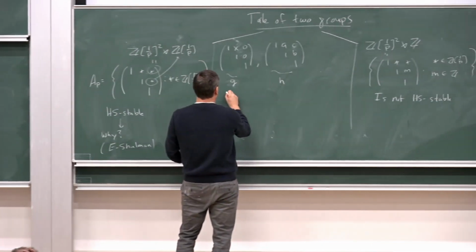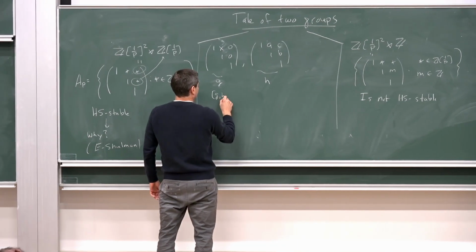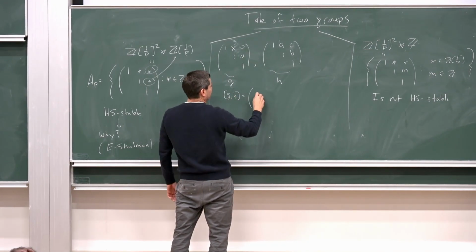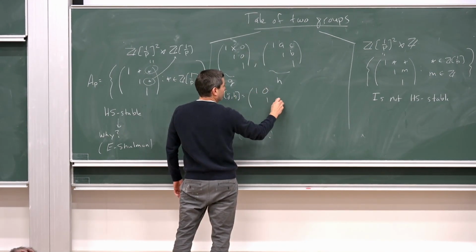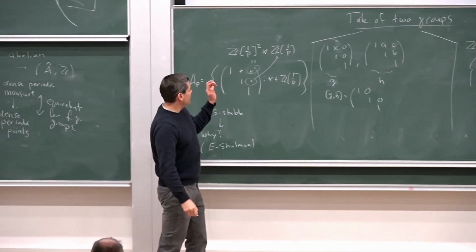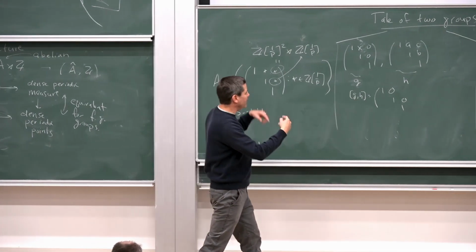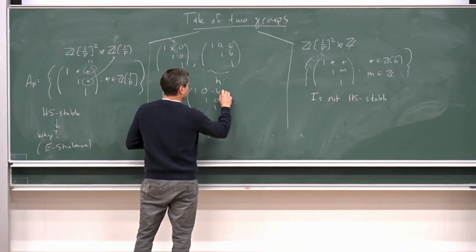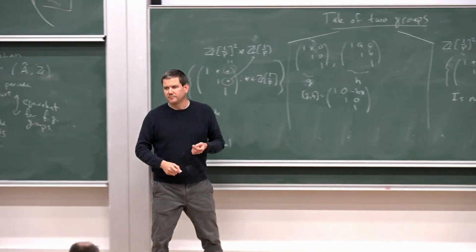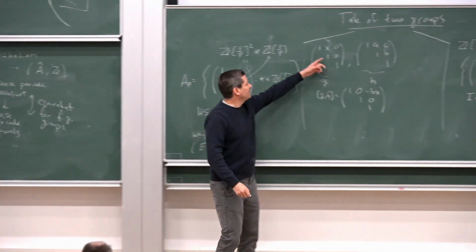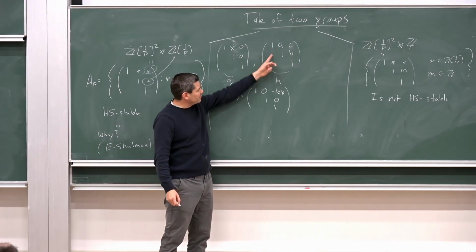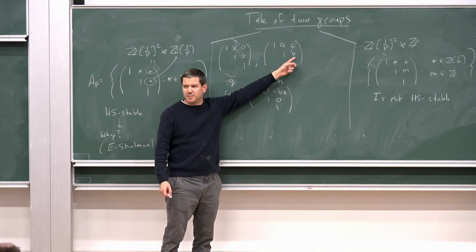So I take this commutator, and of course we have to be in the center. Everything in my commutator starts with G inverse, so I get minus Bx. So I commutate it with this, and I'm just left with x times b.